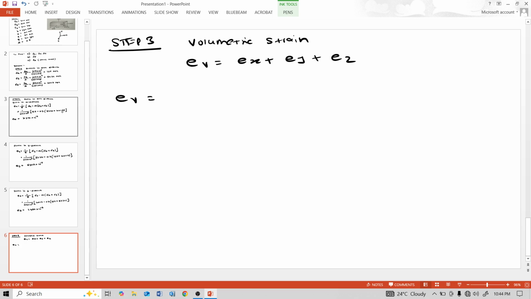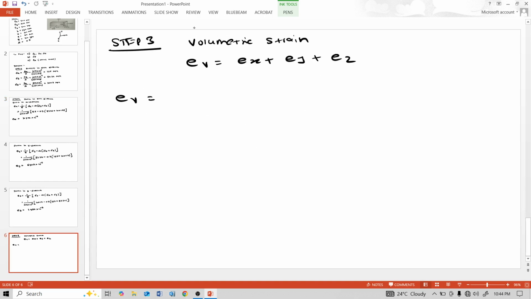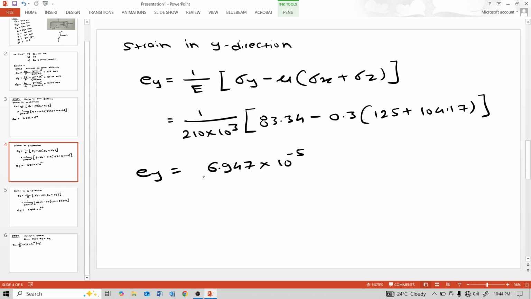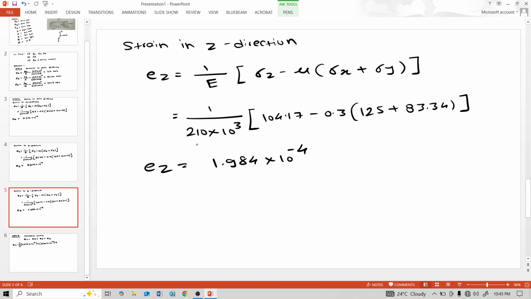EV is equal to EX, 3.274 into 10 raised to minus 4, plus EY, 6.947 into 10 raised to minus 5, plus EZ, 1.984 into 10 raised to minus 4.